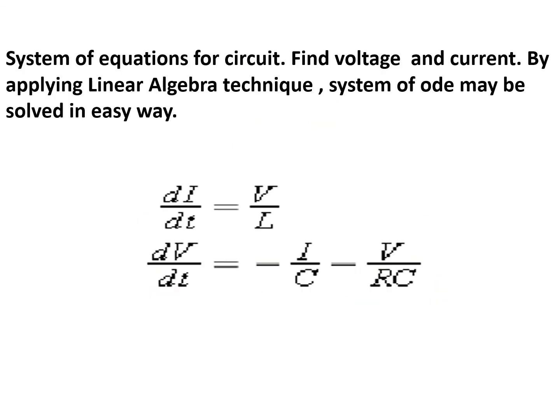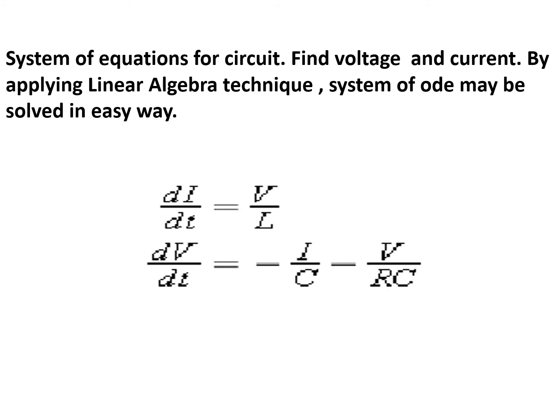This is another example of a system of equations. Here you see the example of a circuit. The first equation tells us that the rate of change of current with respect to time equals voltage upon inductance. The second equation tells us that the rate of change of voltage with respect to time is equivalent to minus I over C minus V over RC.